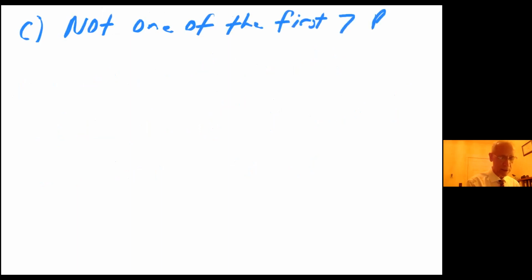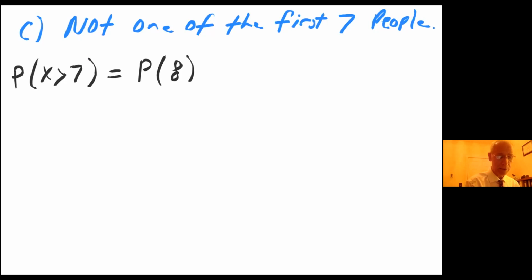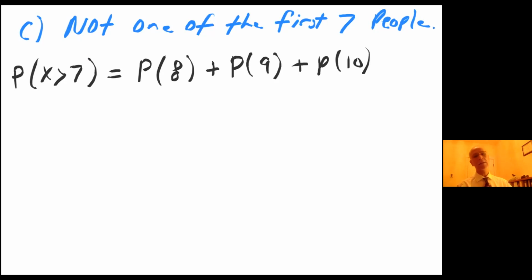Part C is asking, we said, not one of the first 7 people. Okay, what does that mean? So that means that it's the 8th person or the 9th person or the 10th person. So I'm going to write this as P of X greater than 7 equals P of 8 plus P of 9 plus P of 10.